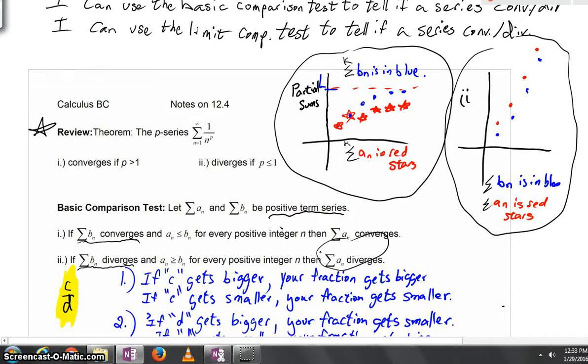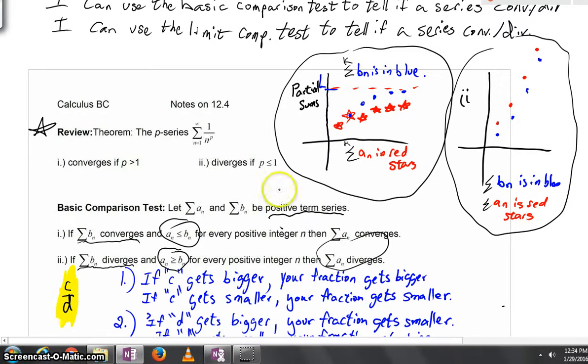It's important to notice that this relationship for both of these cases must hold true. If I know, for example, that b sub n diverges, that it was launching off toward infinity, but if I would have had that a sub n was smaller than b sub n, the red dots would have been below, we actually couldn't say that a sub n would diverge. The red dots being below, who knows, maybe they'd level off.